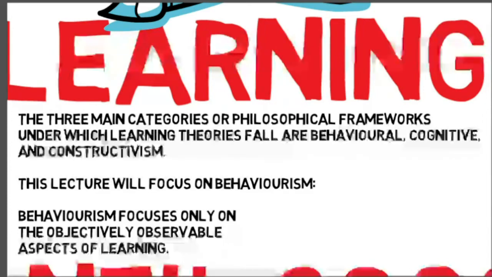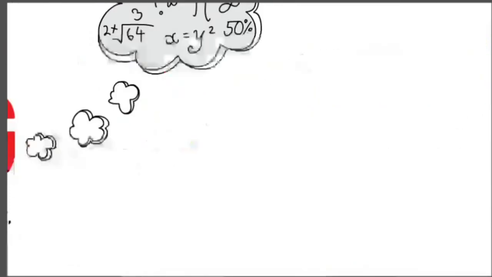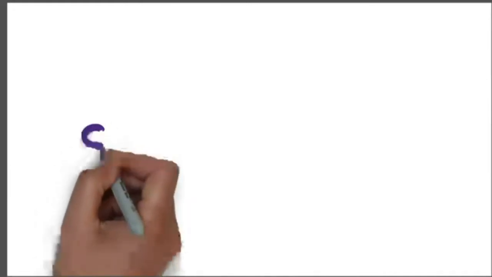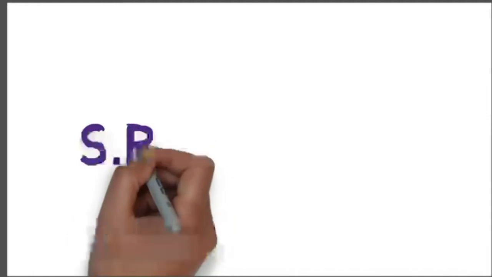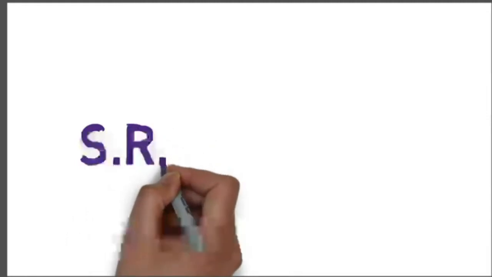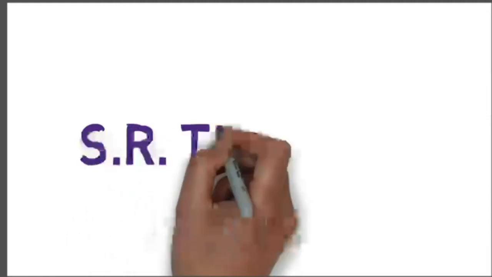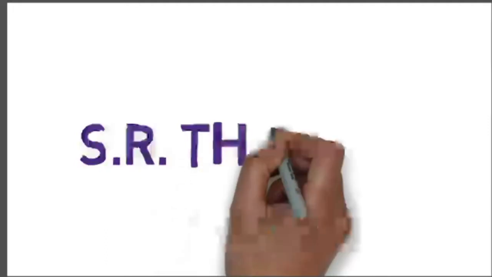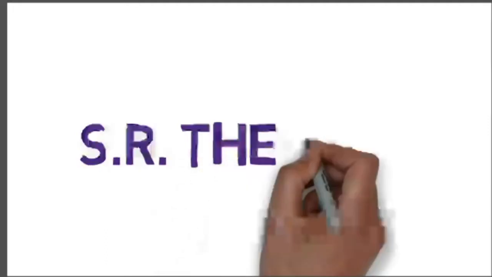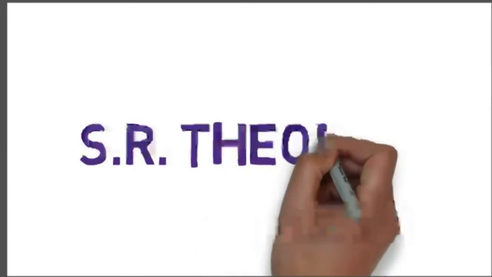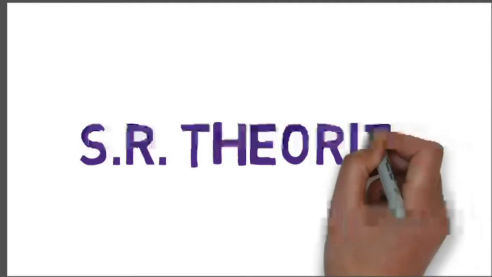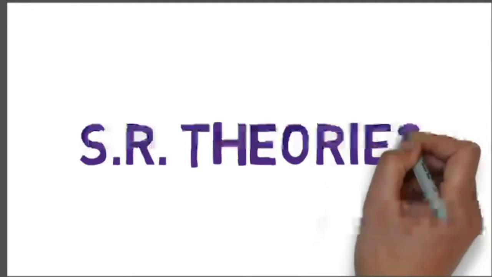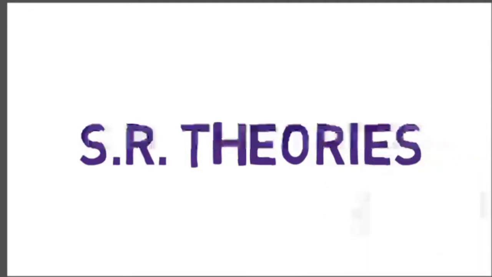The S-R theories, so that would be stimulus response theories with reinforcement, like Thorndike, the trial and error theory, B.F. Skinner, operant conditioning, and the S-R, or stimulus response theory, without reinforcement. That would be Pavlovian, or classical conditioning.